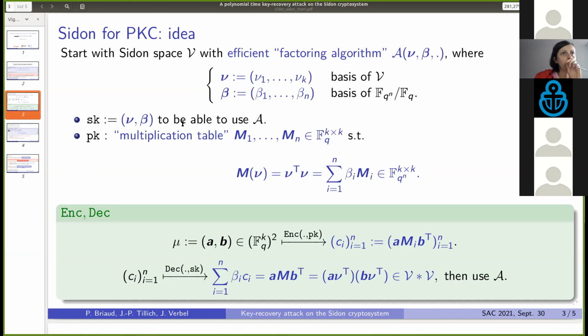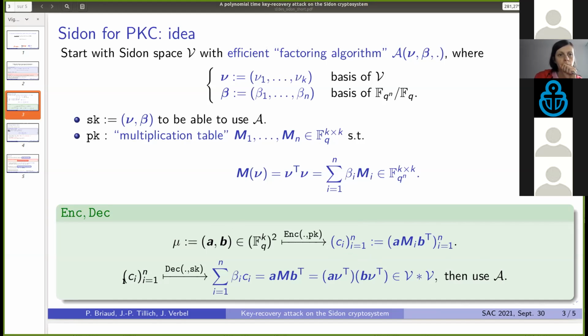For this, we reveal a multiplication table, which is a set of n matrices M1 to Mn, which satisfy this equality. You can obtain these matrices Mi from the secret matrix mu, which is simply the transpose of nu times nu. Then to encrypt your message, you simply compute some matrix-vector products with your public key, and your ciphertext is a vector of length n over the base field F_q.